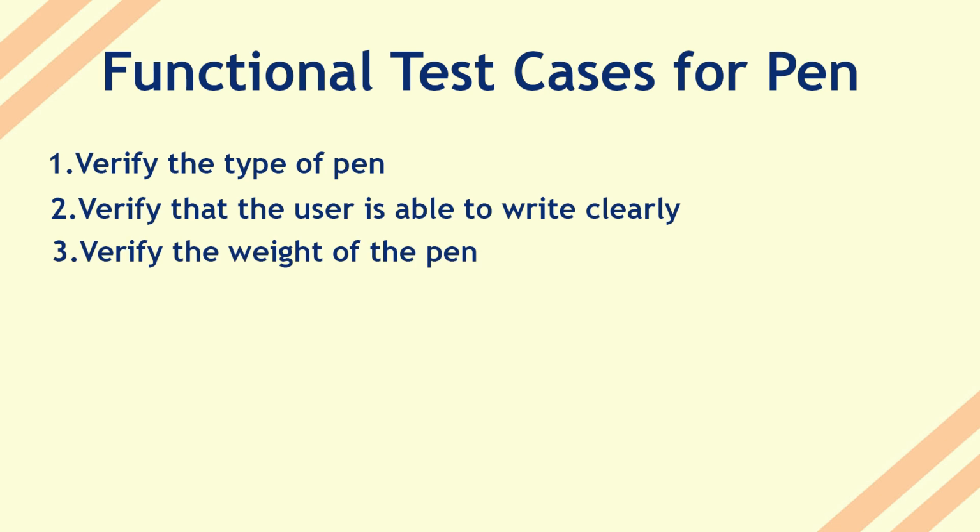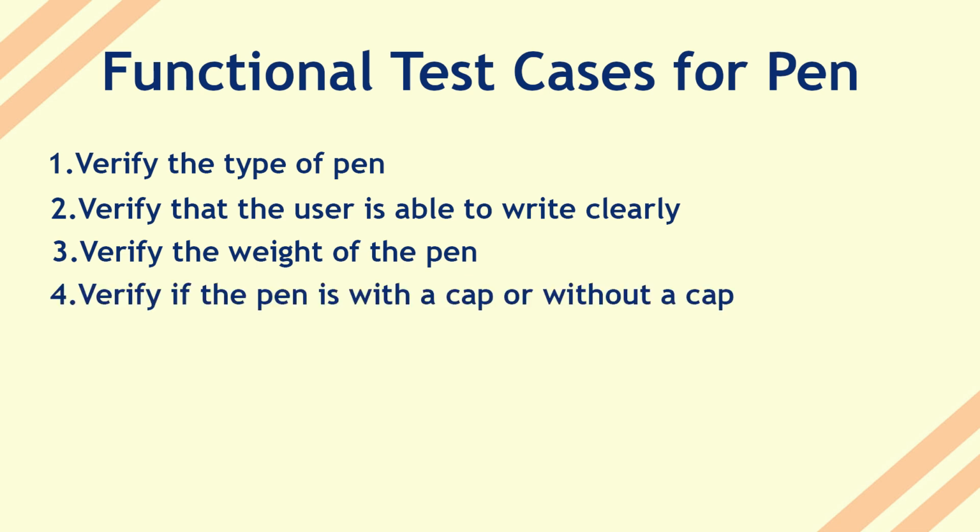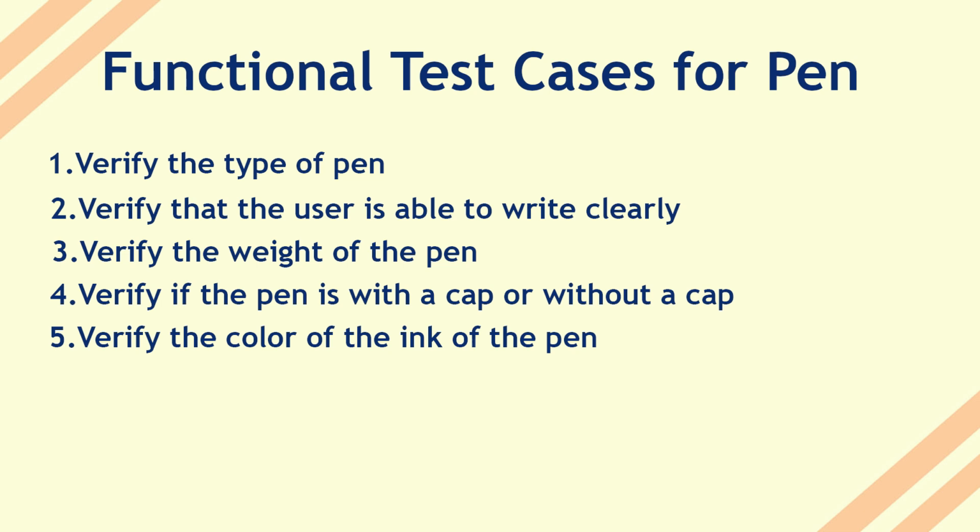Verify the weight of the pen, it should be as per the specifications. In case not mentioned in the specifications, the weight should not be too heavy to impact its smooth operation. Verify if the pen is with a cap or without a cap. Verify the color of the ink of the pen. Verify the odor of the pen's ink after writing over a surface.